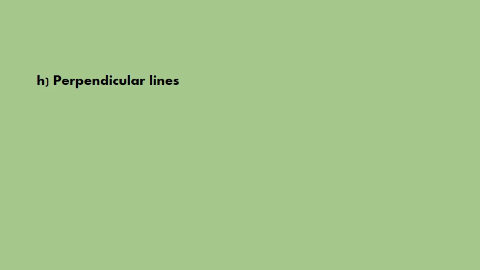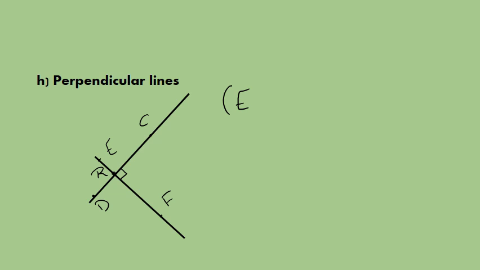Perpendicular lines are intersecting lines. In addition, they have a square corner at the point of intersection, right? So here is the square corner at the point of intersection. Let's name this point R, and here C, D, E, and F. So we write line EF, and which symbol do we use for perpendicular lines?